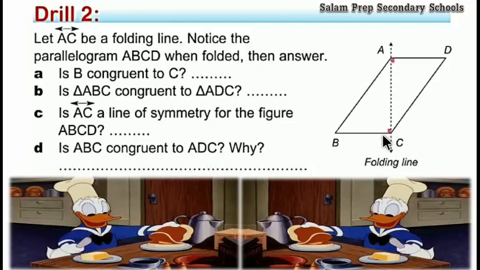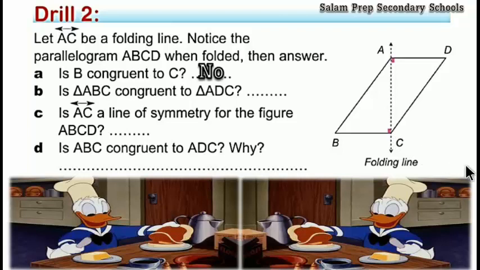Note the parallelogram A, B, C, D. When folded, then answer: fold the parallelogram around the line of folding, okay? Then answer: is B congruent to C?